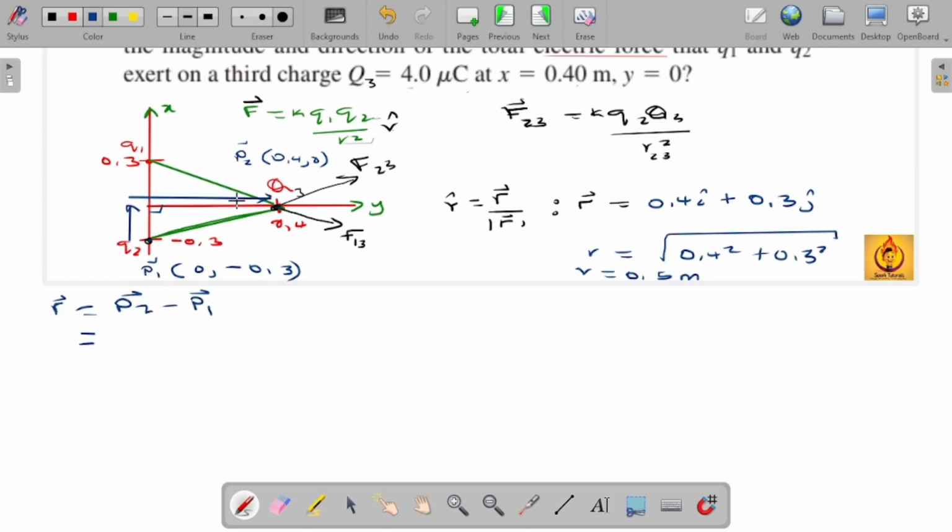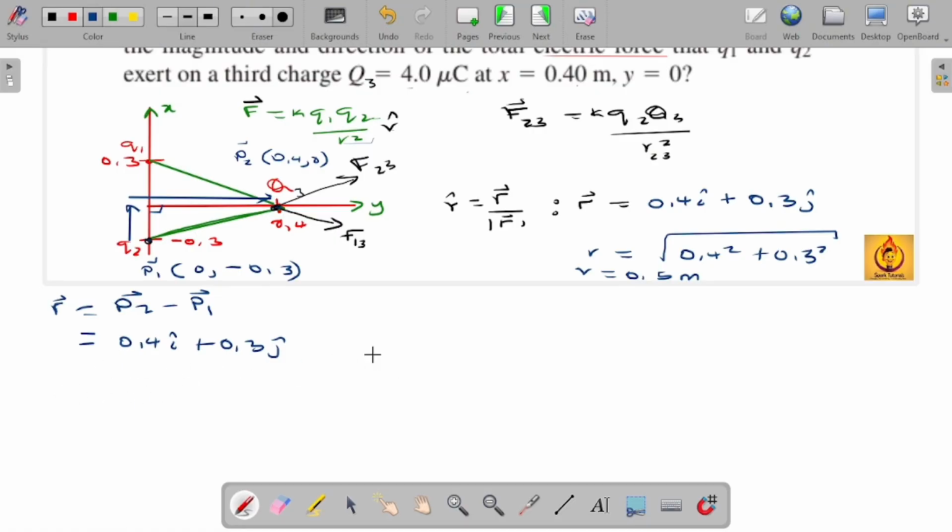When you subtract these two, you subtract x with x, y with y. So we said 0.4 minus 0, and we got 0.4. The direction is in the x, so we use i hat. And then in the y, we say 0 minus negative 0.3, which gives us a positive value of 0.3 in the j hat.